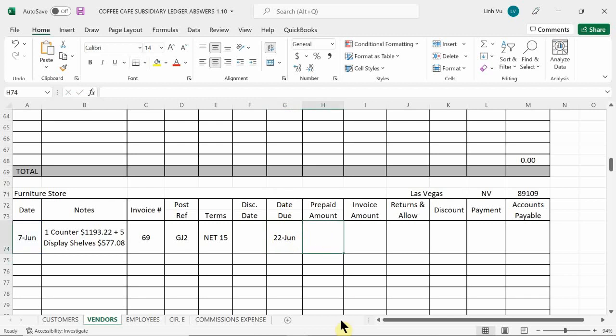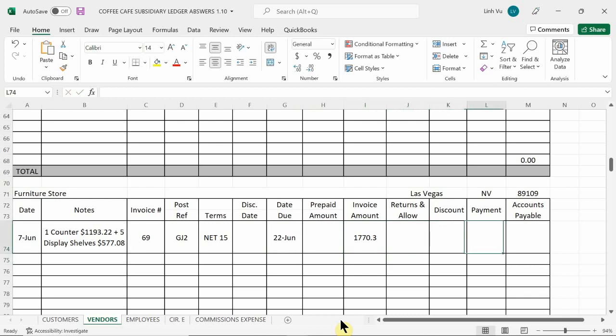So in this case, what was my invoice amount? What was I billed for? $17.70.